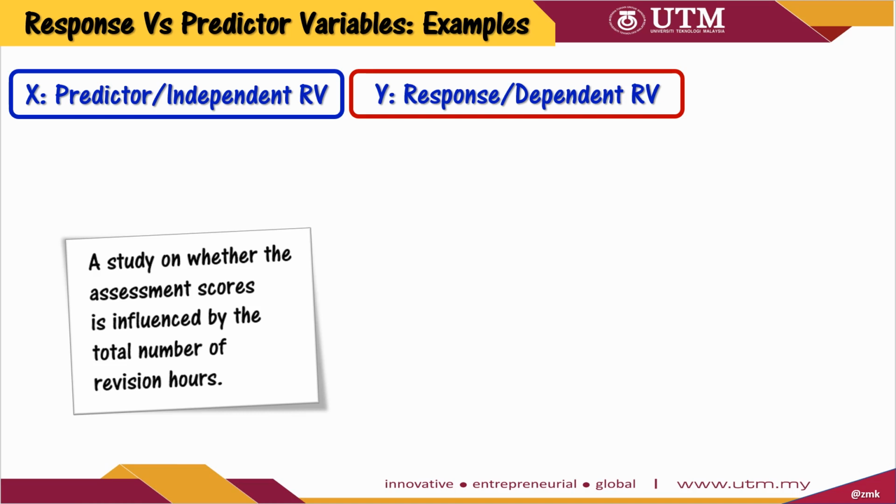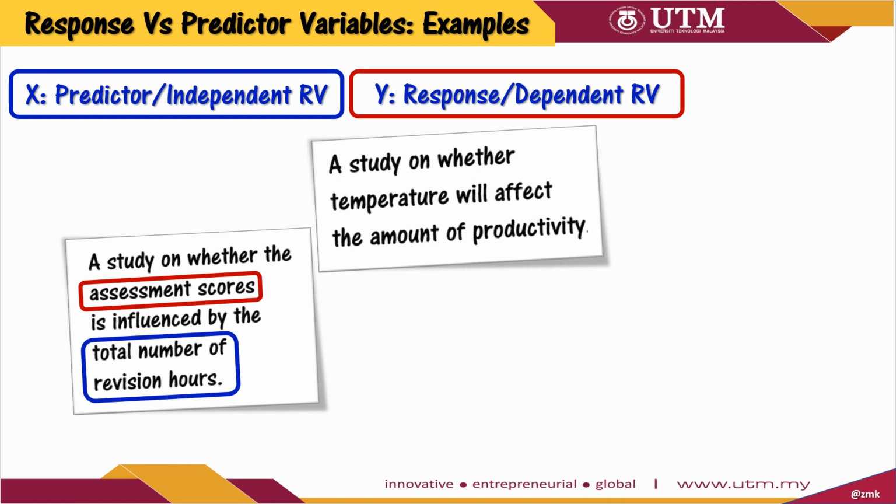Therefore, the assessment scores should be the dependent or response variable Y, and the total number of revision hours should be the predictor or independent variable X. In the second example, a study on whether a temperature will affect the amount of productivity. Here, the response variable Y should be the amount of productivity and the predictor variable should be the temperature.